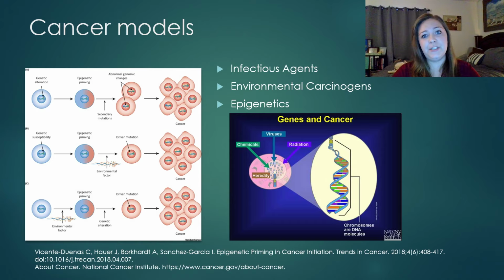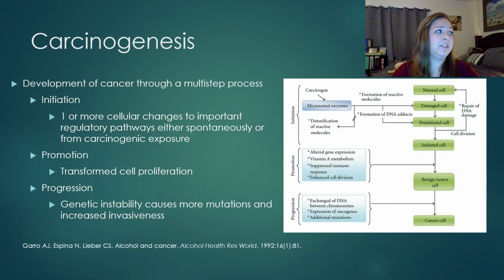So we'll go into more detail about those 3 models in the next few slides, but first, let's discuss carcinogenesis. It is the development of cancer through a multi-step process. So first, the initiation of carcinogenesis involves one or more changes to an important regulatory pathway, either spontaneously or from carcinogenic exposure.